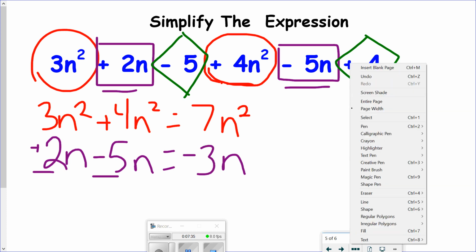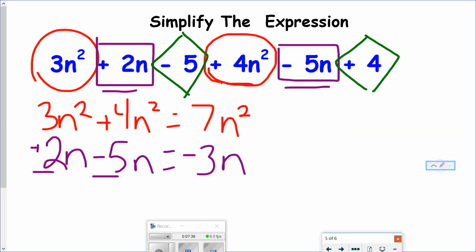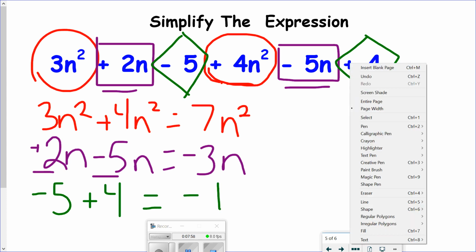Now I'm going to work on the diamonds, which was my constant. So I have here -5 plus 4. And again, you have your calculators, or you use your integer operation rules. -5 plus 4 equals -1. So now I'm going to put it all together.